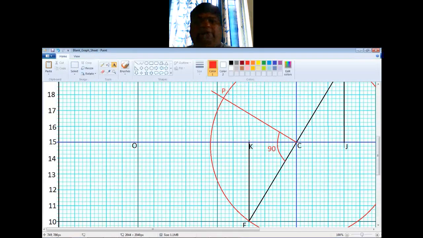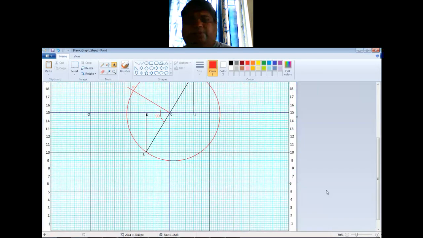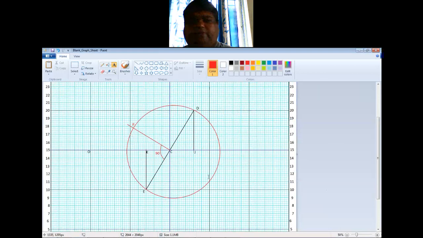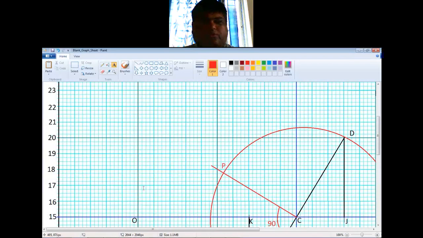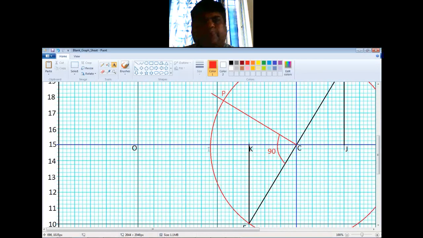Right. Now after this, is everyone with me? Have you completed so far? Have you drawn this much? Yes, sir. Okay, good. Then what you have to do from here, it is very simple. You just have to drop a perpendicular. Let me use black color again. From P to this horizontal line, right?